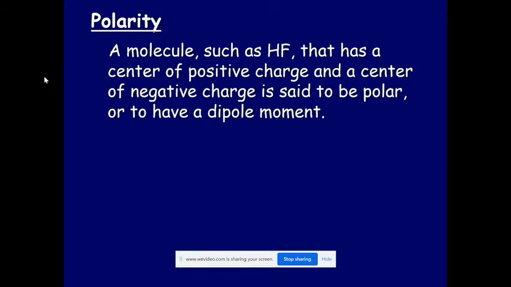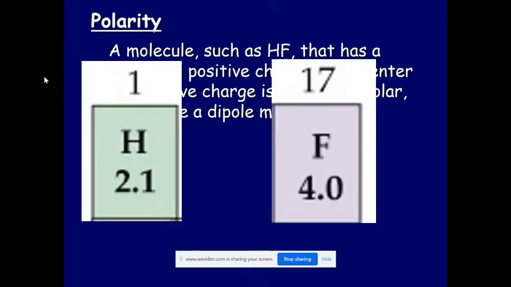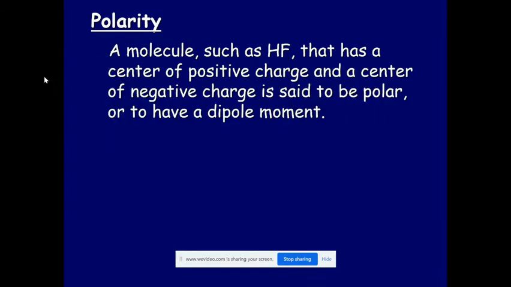We should discuss what it means to say something is polar or nonpolar. Here in this example, we have HF. H is less electronegative than F. What this means is that the fluorine will pull the electrons closer to it. You can think of it as if hydrogen and fluorine are playing tug of war with the two electrons between them, and fluorine pulls harder.